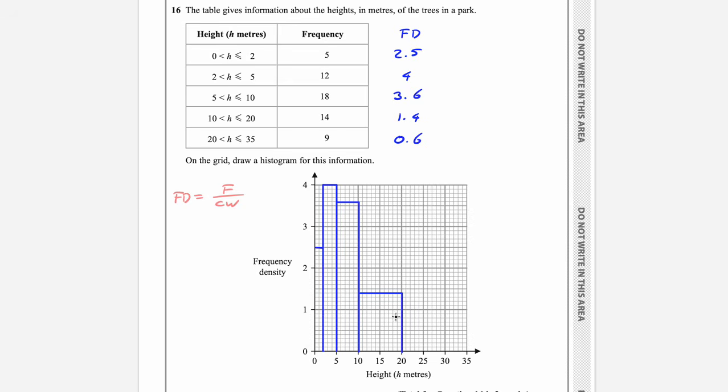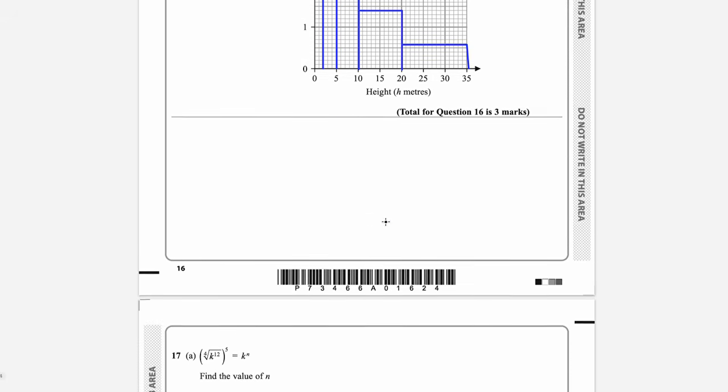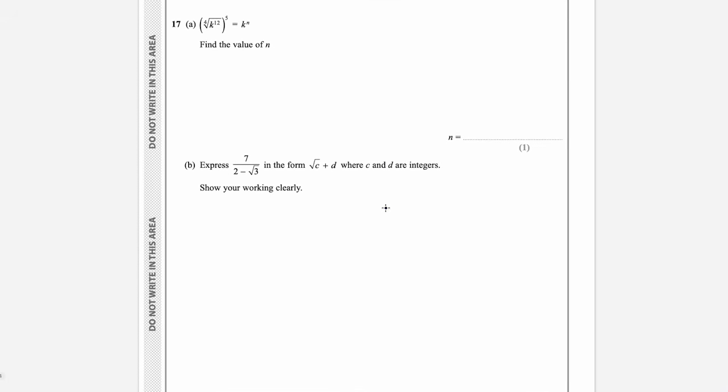And then finally 20 to 35 is 0.6. So we go 0.6 here. Okay, and that, guys, is the histogram done, drawn. Okay, question 17.